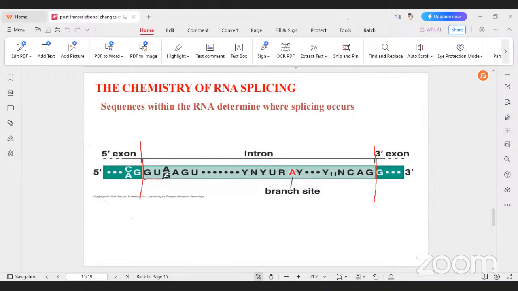Introns start with GU, guanine uracil, and end with AG, adenine guanine. GU, AG. Now this is the branch site. Remember, this A is the branch site. First of all, remember this. What happened here?